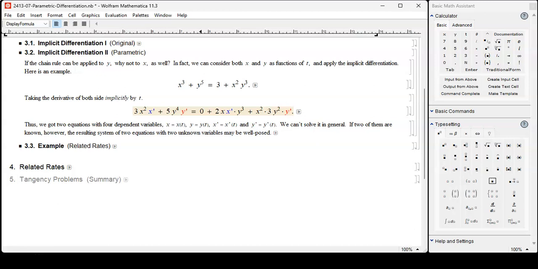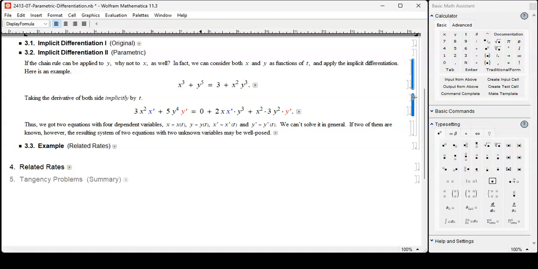Now, we have the original relation, and then by taking the implicit differentiation, we got the second relation. So we have two relations, consequently two equations. But there are 4 unknown variables out there: x of t, y of t, x prime of t, and y prime of t. They're all dependent variables. They're all functions of t. In any case, they're all unknown variables.